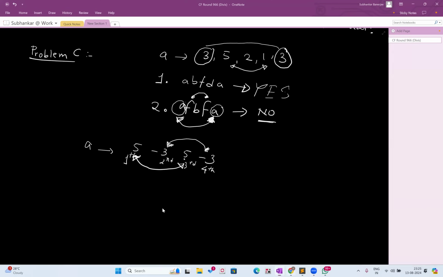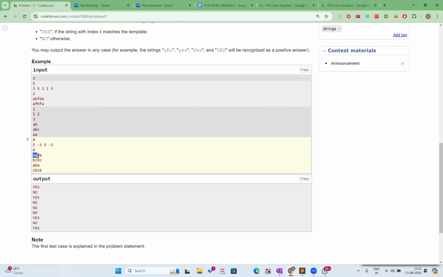So basically, I'll see A. The second and the third character are the same, so the answer should be no. B C, this is fine. ABA has a length of 3, but the array length is 4, so the first condition fails and the answer is also no. So this will also work fine.